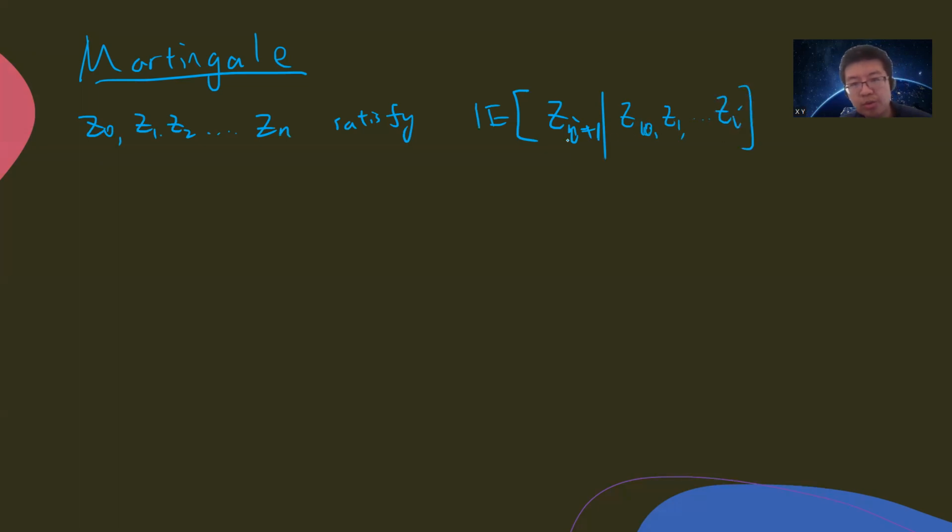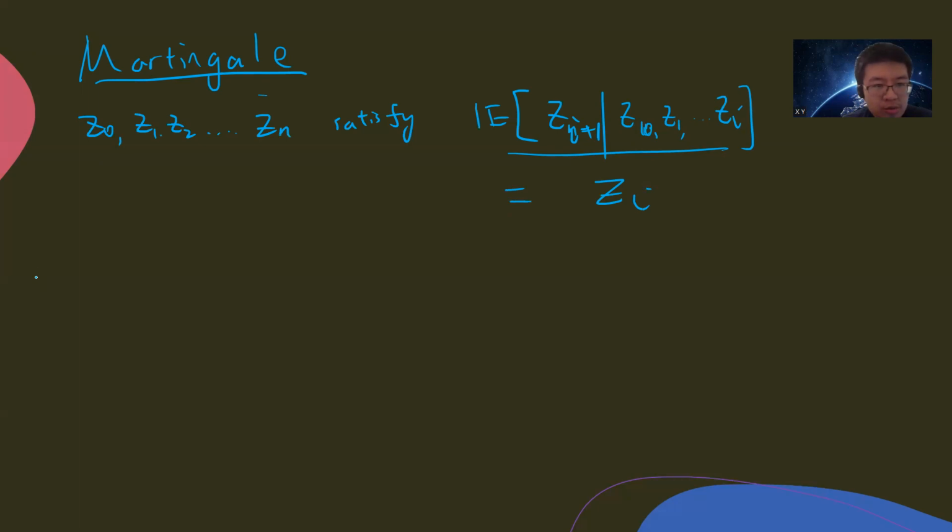This notation means you take the expectation value while conditioning on the previous values. This will be zi. So this is called a Martingale.